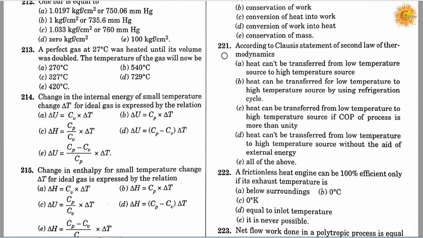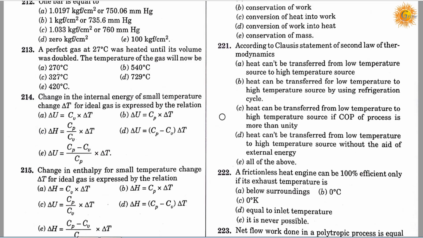Question number 221. According to Clausius's statement of second law of thermodynamics: option A, heat can't be transferred from low temperature source to high temperature source. Option B, heat can be transferred from low temperature to high temperature source by using refrigeration cycle. Option C, heat can be transferred from low temperature to high temperature source if COP of process is more than unity.